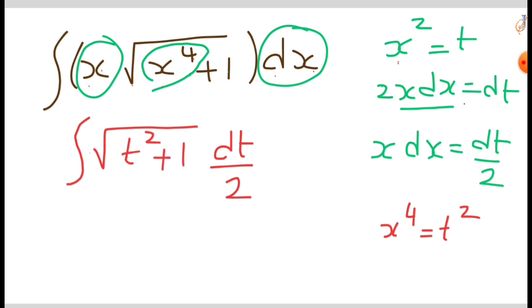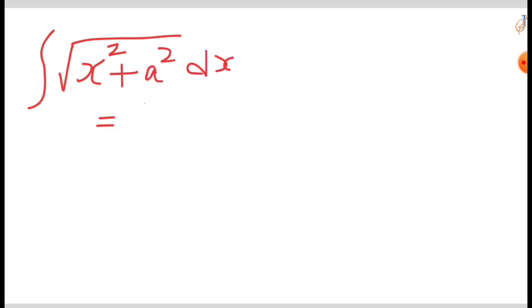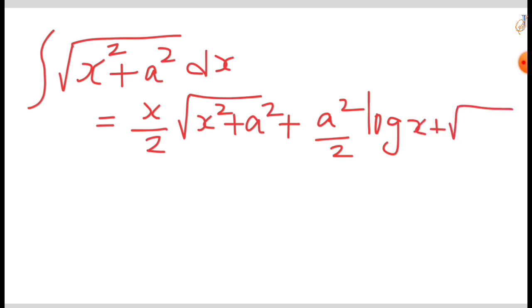Now it is in the form of one of the well-known formulas, that is, the integral of square root of x raised to the power of 2 plus a power 2 dx. The formula is x over 2 square root of x square plus a square plus a power 2 over 2 log of x plus square root of x square plus a square, plus c.